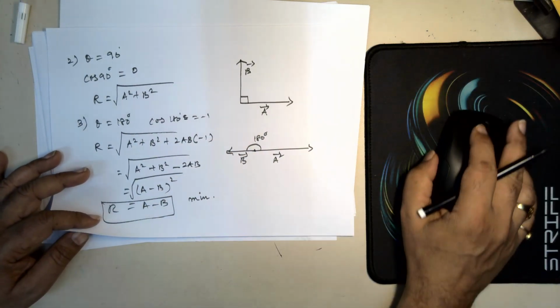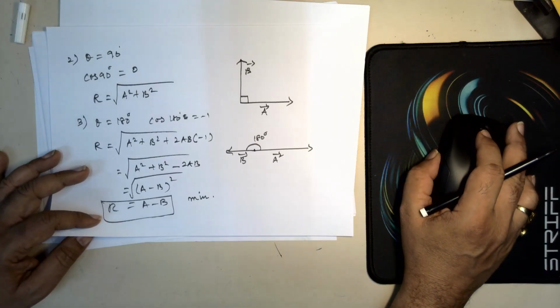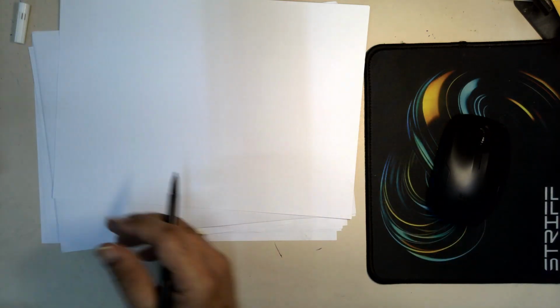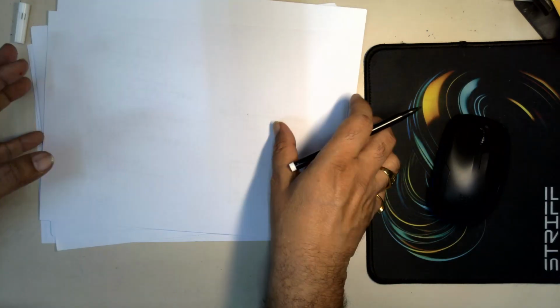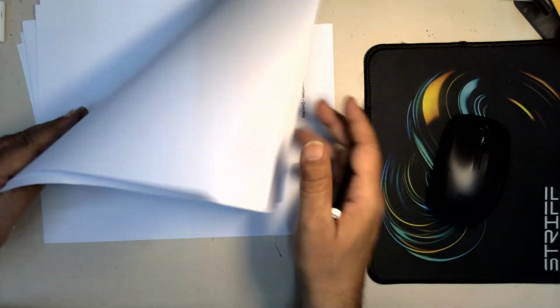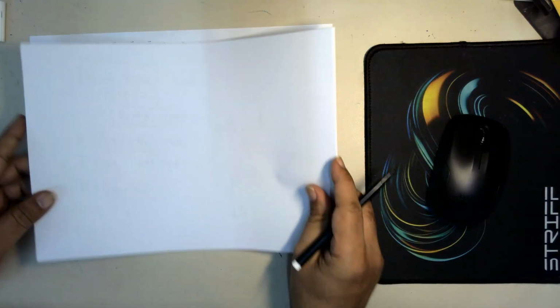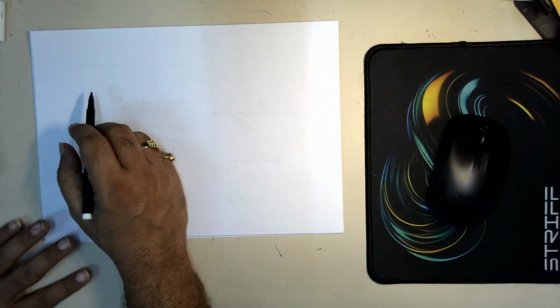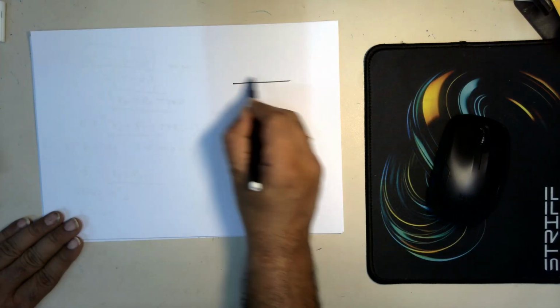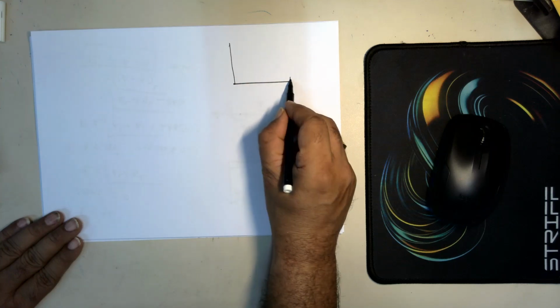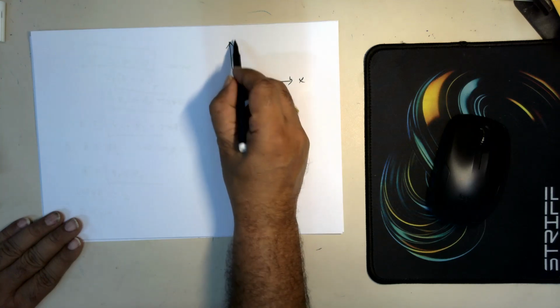That's all. Now we can extend this to any number of vectors. For example, as I already discussed the two-dimensional vector, we can talk about three-dimensional vectors also. If it is two-dimension, I can put it like this: this is the x-axis, this is the y-axis.